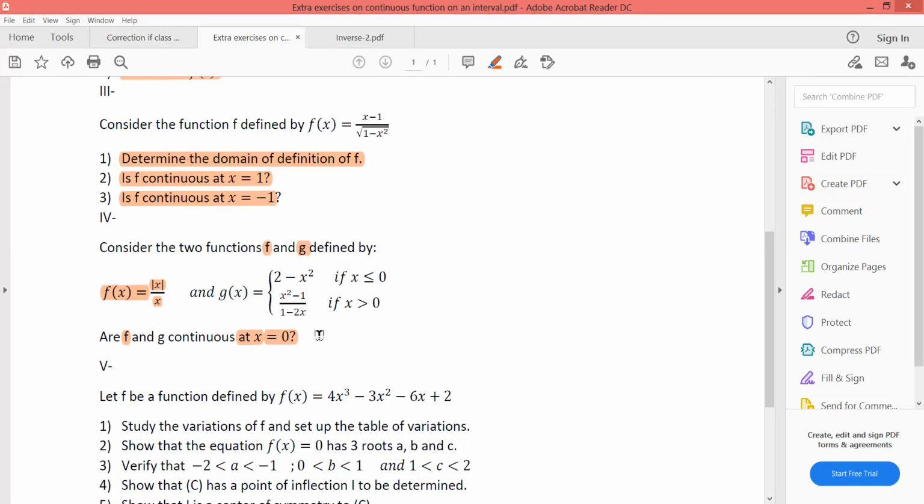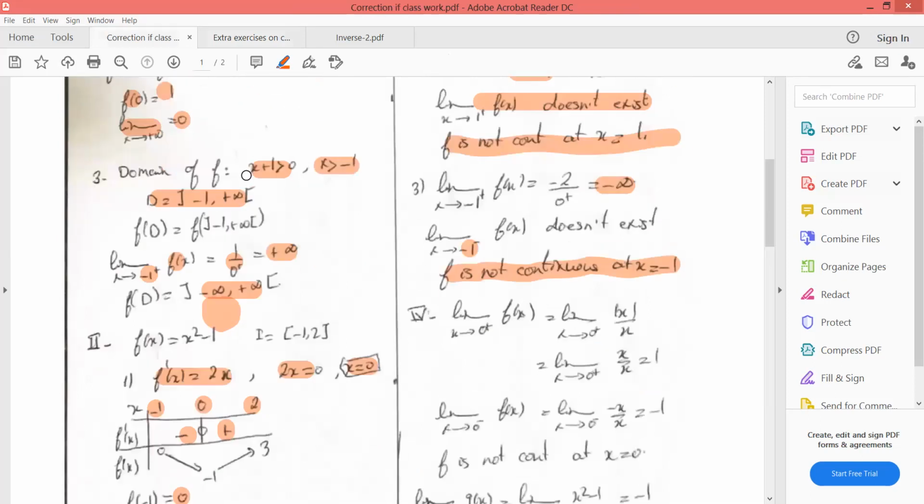We take the limit as x tends to 0 minus. How much is the limit as x tends to 0 minus? -1. As x tends to 0 plus, 1. Is it continuous? No. I will discuss it.